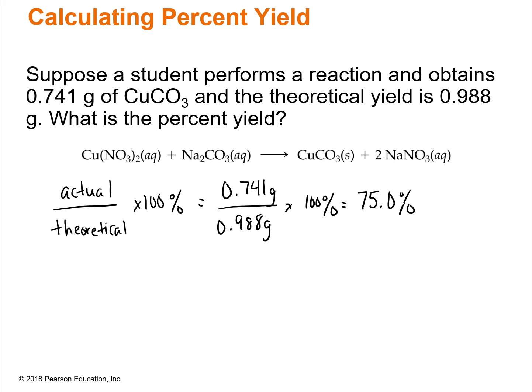So we need 3 sig figs there, but I'm not going to hold you to it right now. Your percent yield should be 75%. So that's the simple version.